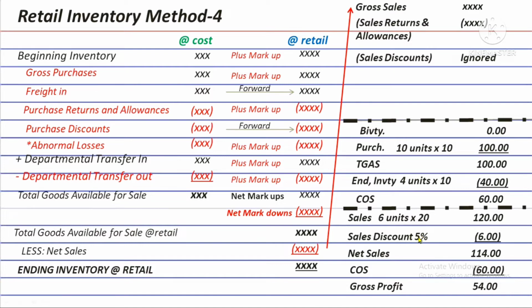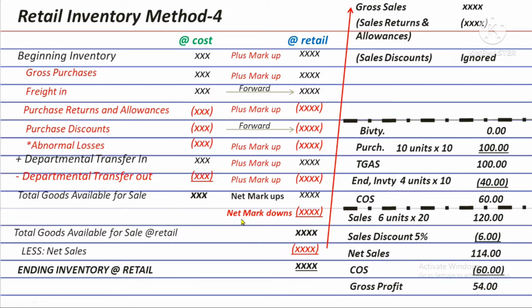Maybe because the customers purchased on account, but even if they purchased on account, they paid within the discount period. So 5% was given to them. So 5% of 120 is 6, right? So let's deduct that from the sales to get the net sales, and we will get a net sales of 114. So net sales minus the cost of sales, which was computed earlier at 60, then the gross profit is 54.